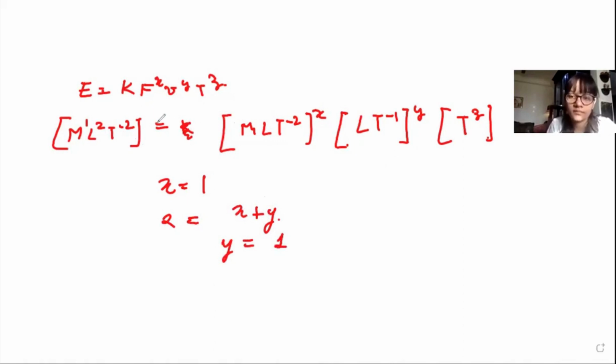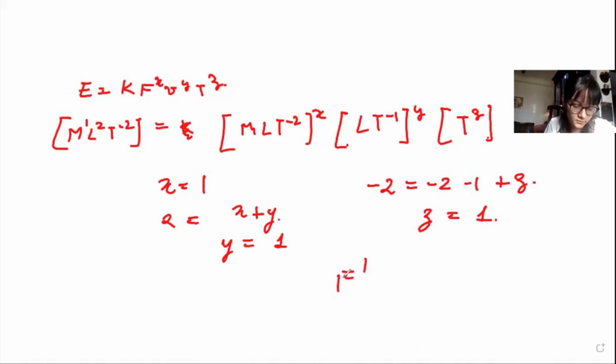Now with the powers of T: on the left hand side it is minus 2, and on the right hand side it is minus 2 minus 1 plus z. When you solve this, you will get z equal to 1. So F power 1, V power 1, T power 1. In such problems they will give you four options, and you have to check which one is right.